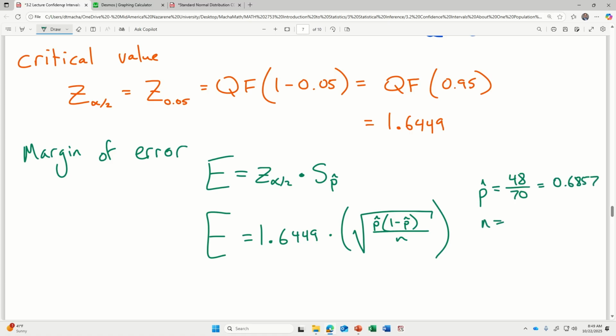What was my sample size? That would be 70. So that standard error of my sample fraction would be the square root of 0.6857 times 1 minus 0.6857 divided by 70, close parentheses.